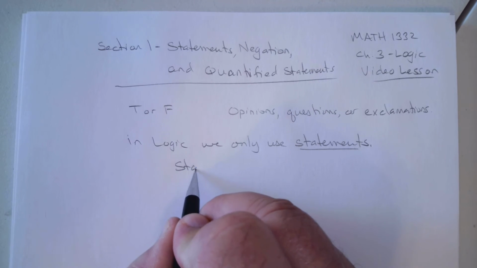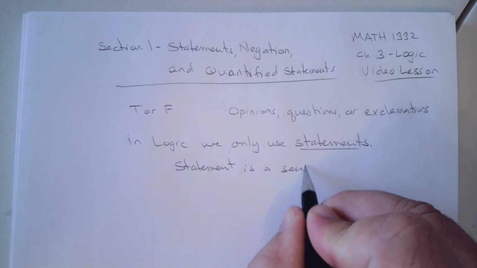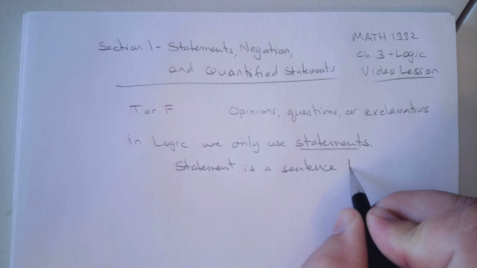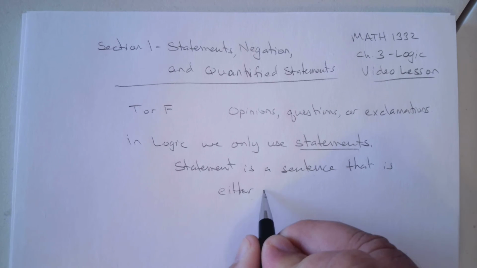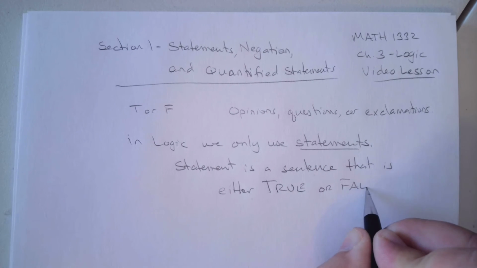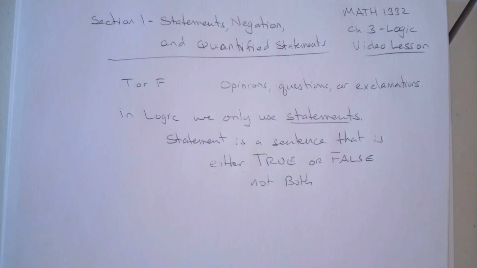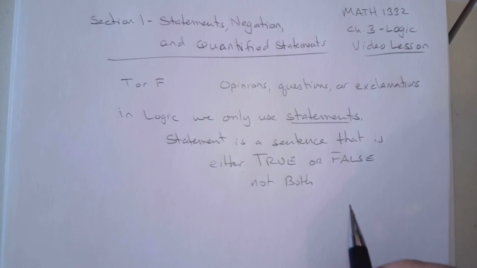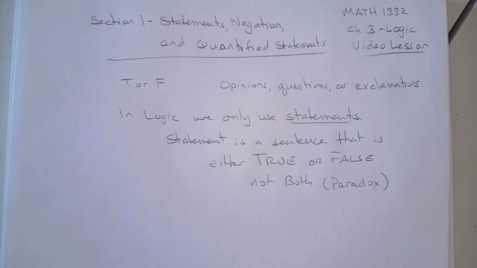A statement is a sentence that is either true or false, not both. If a statement is true and false at the same time, it's called a paradox. A paradox is a statement that is true and false at the same time, which doesn't exist.